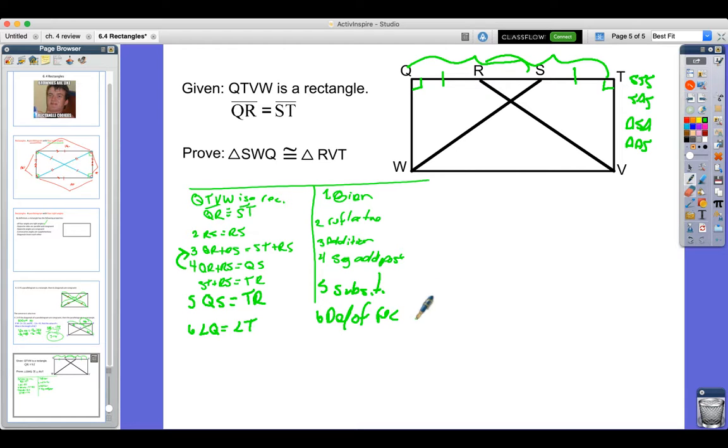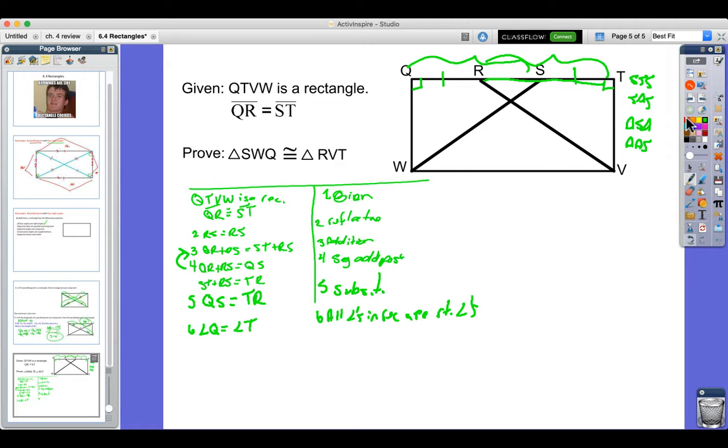And to be more specific, all angles in a rectangle are right angles. Because they're right angles, they're congruent to each other. So we have a side. So now we have a side and an angle.